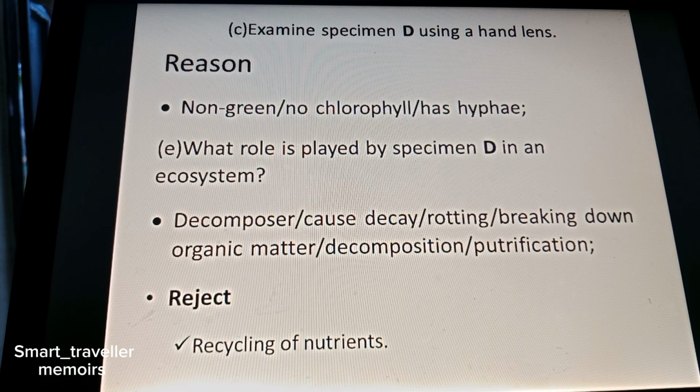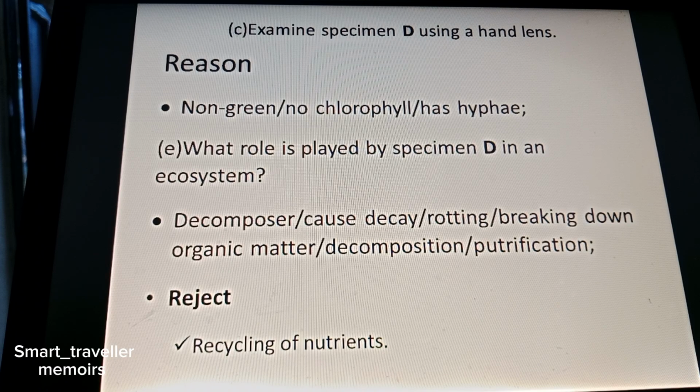So what is the reason why it belongs to mycophyta? It is non-green, all right? Or no chlorophyll, or has hyphae, all right? So any of those alternatives are correct.